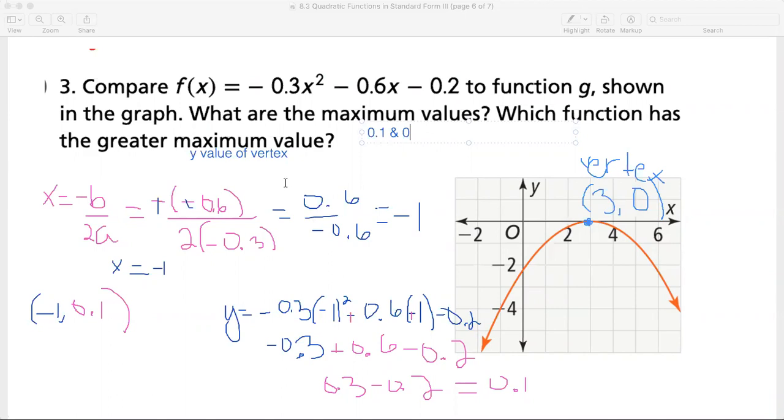Which function has the greater maximum value? So you're just comparing which one's bigger, 0.1 or 0? Well, obviously 0.1 is bigger, so the first function has the bigger one. So I would say f of x has the greater maximum.